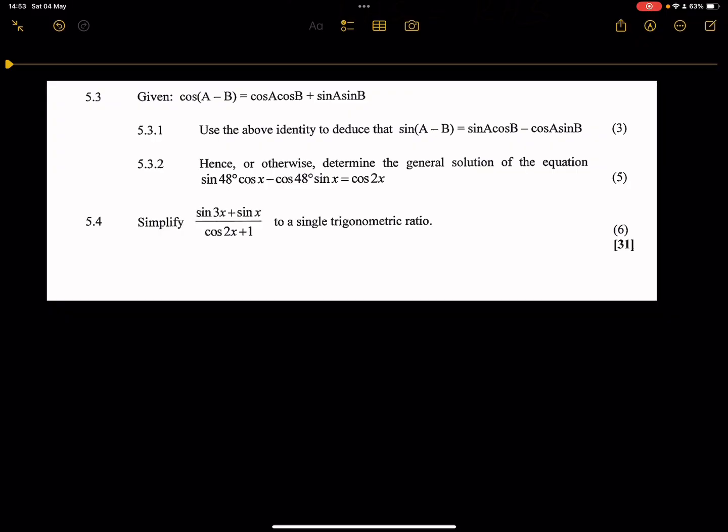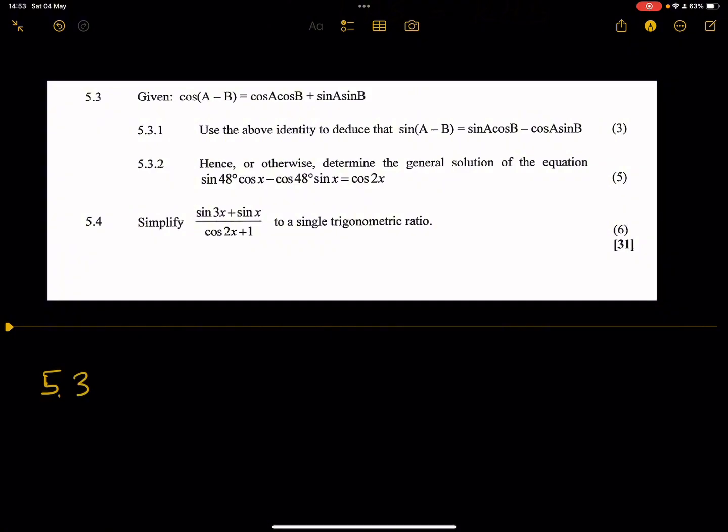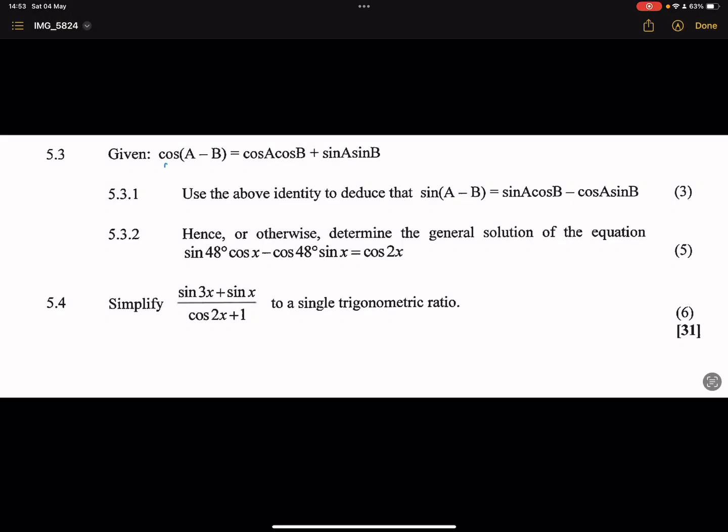Now, ladies and gents, what I need to do in this question is write that sine of a minus b to look like what I already have there. I need to write it as cos of something minus something else. Why? So that I can be able to use that, okay?